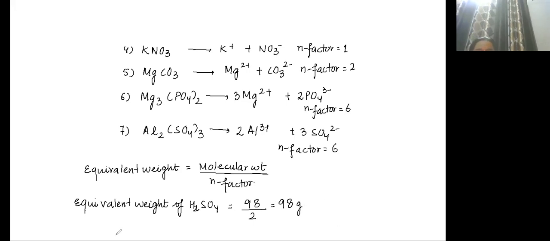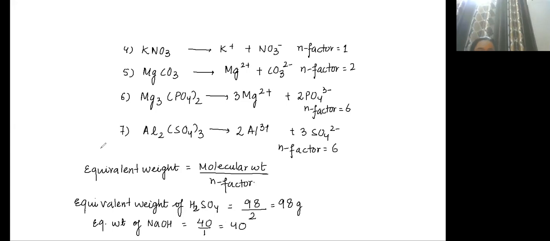What is equivalent weight of NaOH? Equivalent weight of NaOH is molecular weight 40 divided by 1, that is 40.